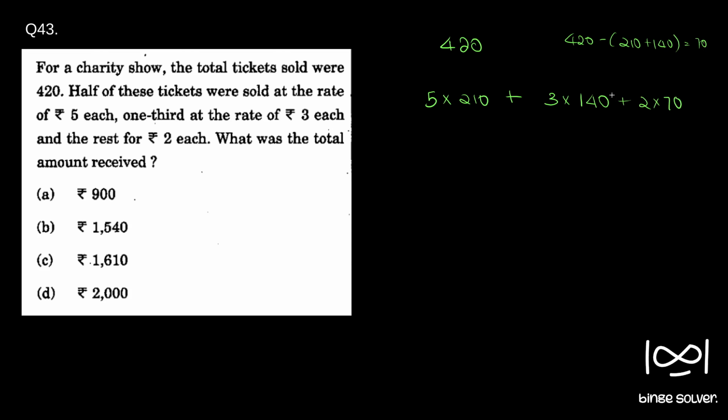So the total is 210 times 5, which is 1050, plus 140 times 3, which is 420, plus 70 times 2, which is 140. Adding these gives 1610. So this is the answer. Solution to question 43 is C.